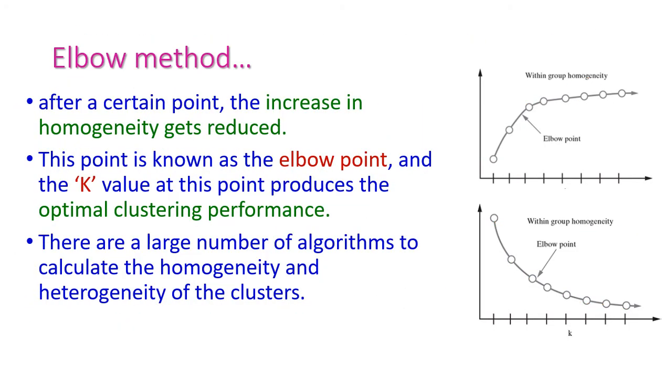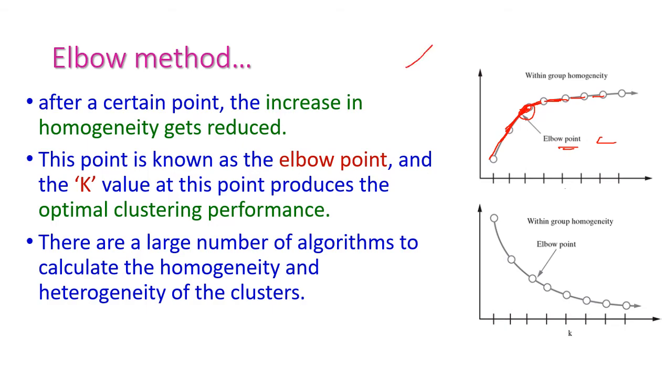So in this diagram, after a certain point, the increase in homogeneity will get reduced. So the increase value will get reduced. This much increase here from this cluster to this cluster, but here the size gets very much reduced. So this particular point is called the elbow point.